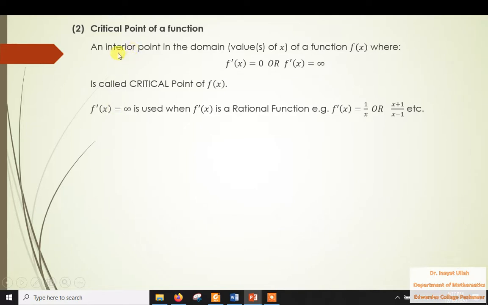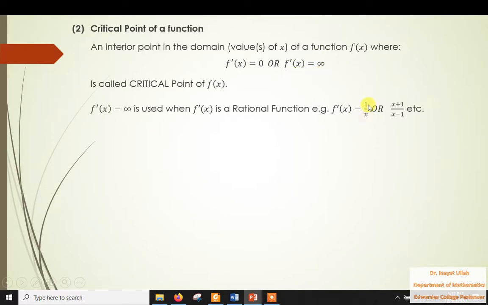So whenever you are asked to find the critical points of a function, then you need to find the derivative of the function and put that derivative equal to 0 to get critical point x of the given function. And whenever f prime x is in rational form, this form, you should put f prime x equal to infinity.